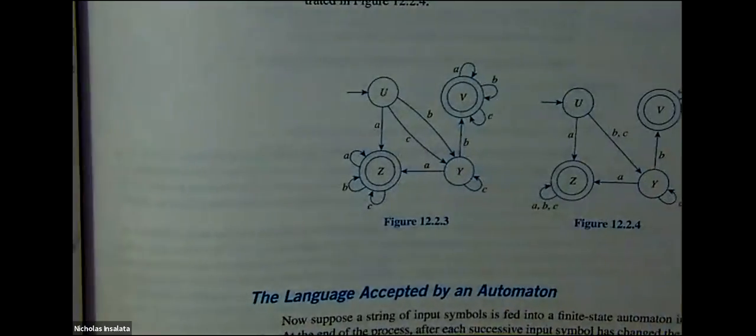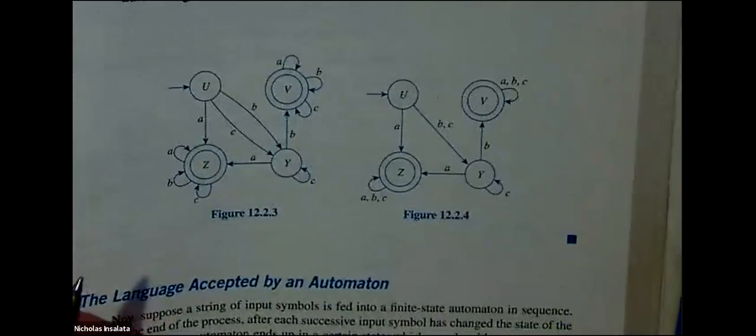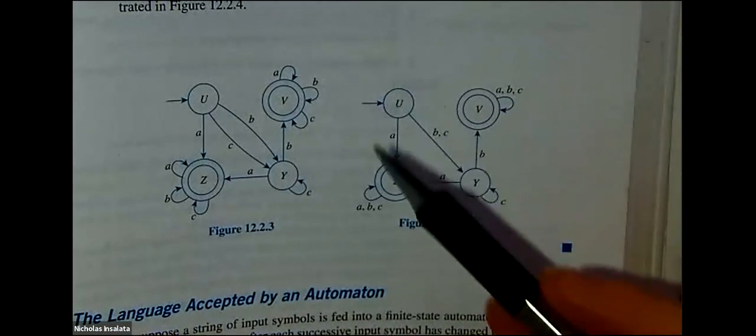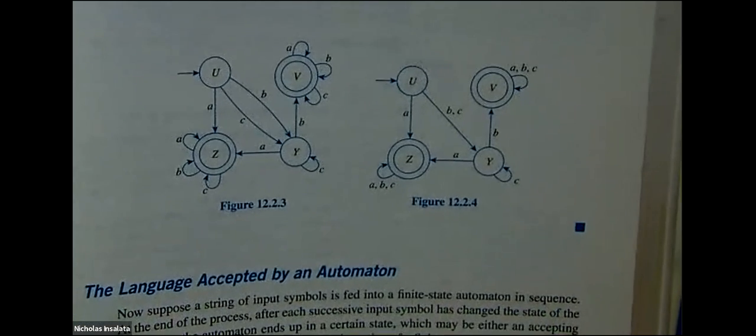Let's try the other one. Let's see if I can. Whoop. That's really hard to. Here, let me do it that way. There we go. Okay. So what about this guy? And how would you describe that guy in English?